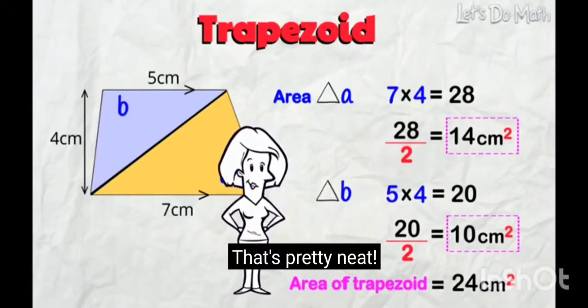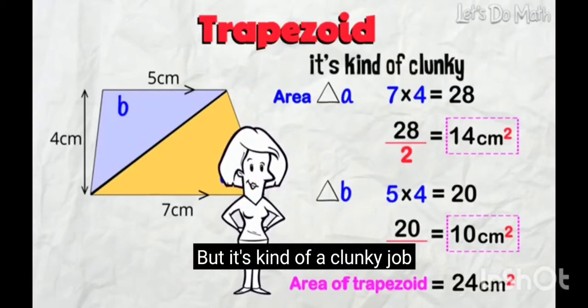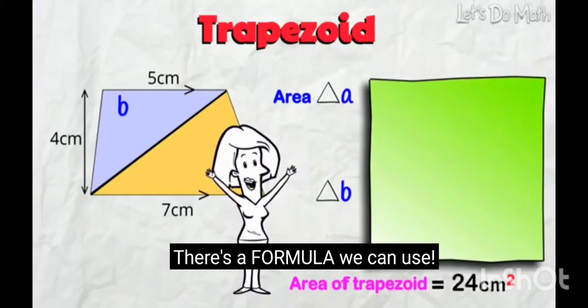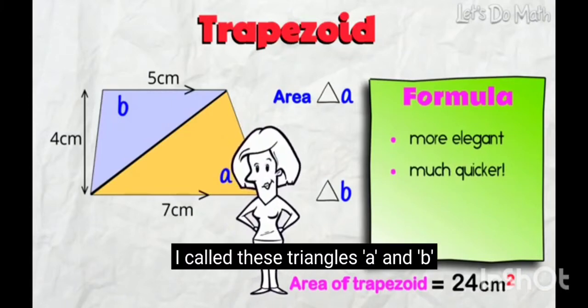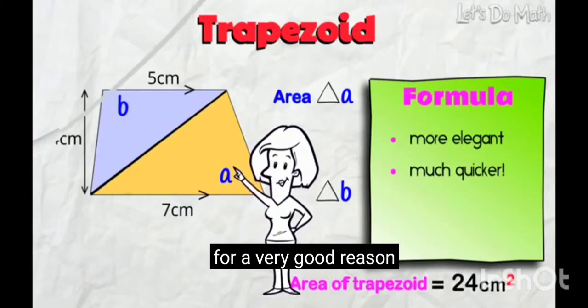That's pretty neat. It gives us a clear strategy. But it's kind of a clunky job, don't you think? Doing two triangles and then adding them together. There's a formula we can use that lets us work in a more elegant way. It's also much quicker. I called these triangles A and B for a very good reason.